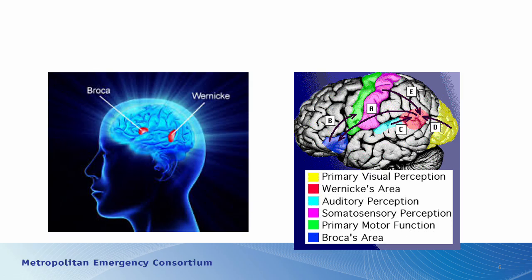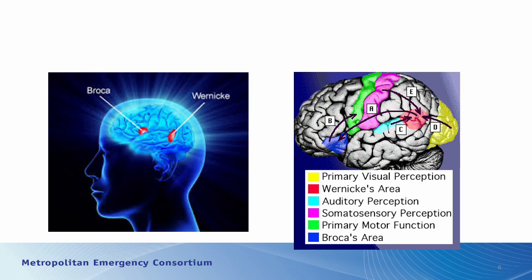From the perspective of speech, Broca's area is on the left side in the area of middle cerebral artery perfusion, and it has to do with your ability to express yourself and talk. Wernicke's area has to do with your ability to understand speech.